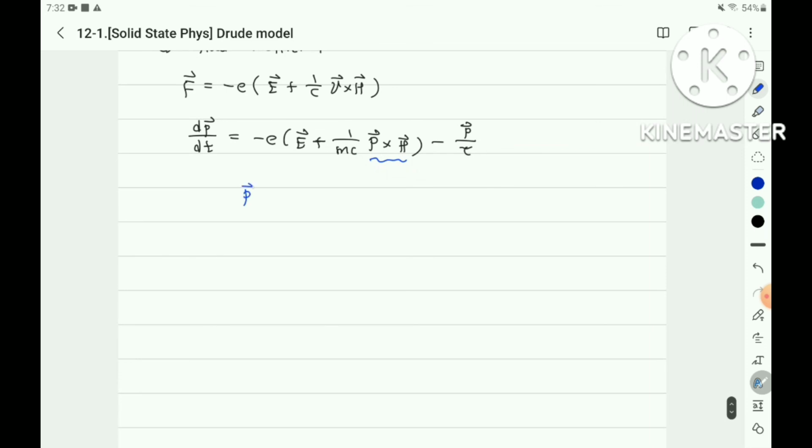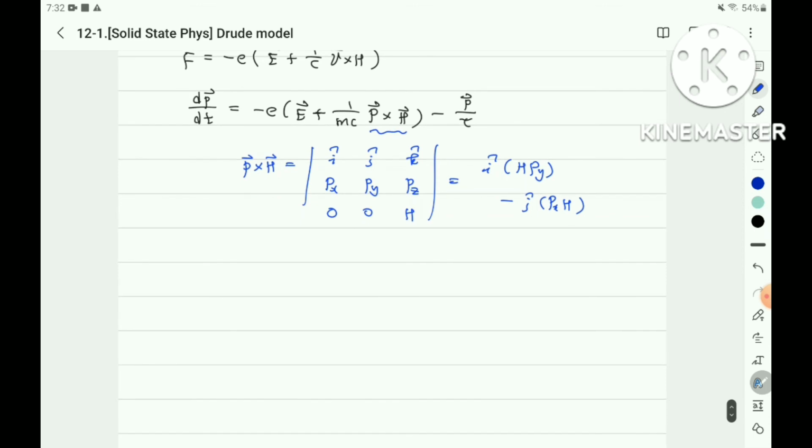p cross H is i, j, k and px, py, pz, and the magnetic field direction is the z direction. Therefore, i direction H py minus j direction px H. Okay.